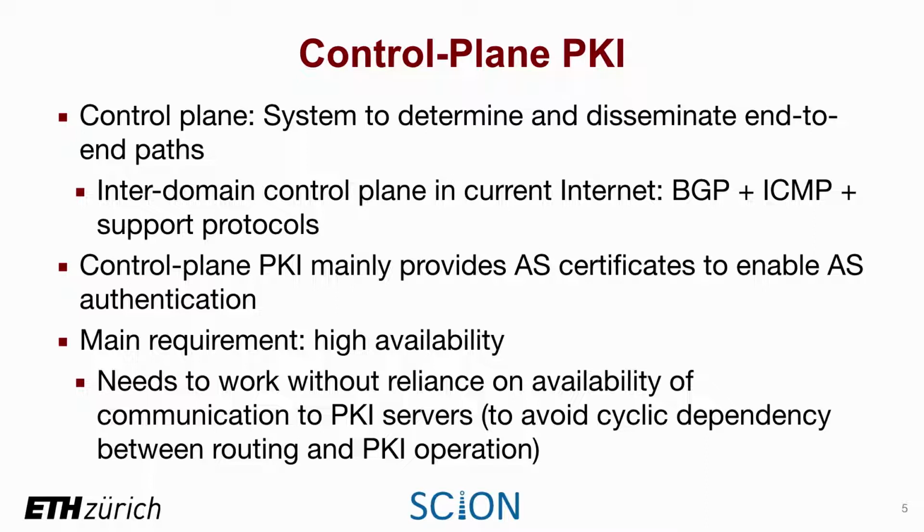If you would need additional communication in order to verify this routing update message, then the question becomes, how would you verify the first routing update you receive, in which case you cannot really communicate with anyone else in the internet. And so avoiding these types of cyclic dependencies and achieving very high levels of availability was one of the main aspects in the design of the SCION control plane PKI.